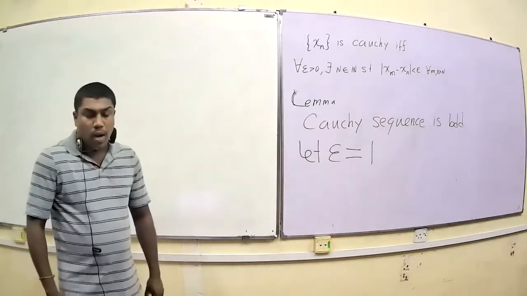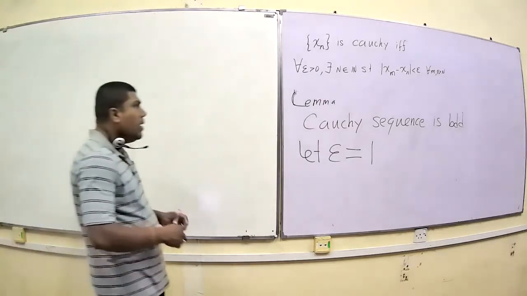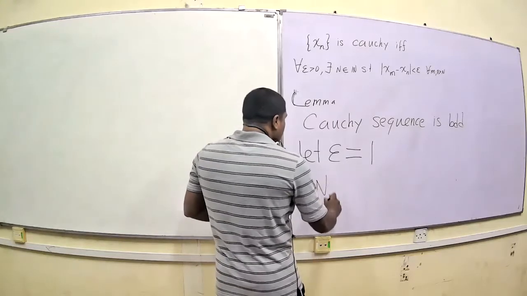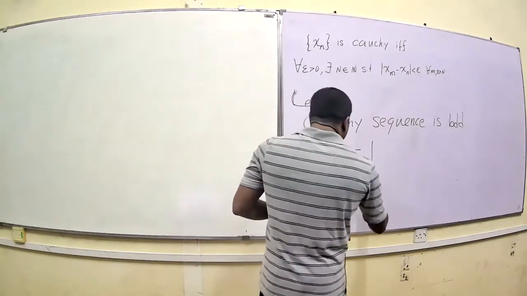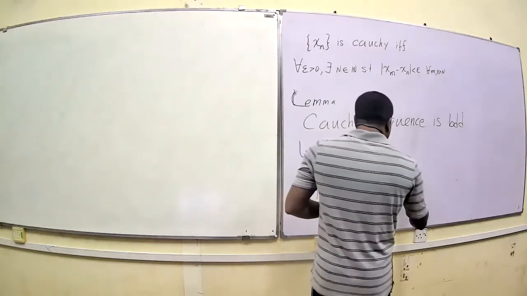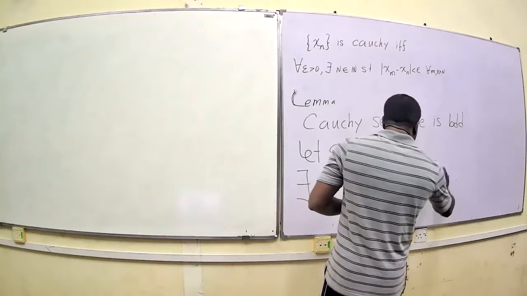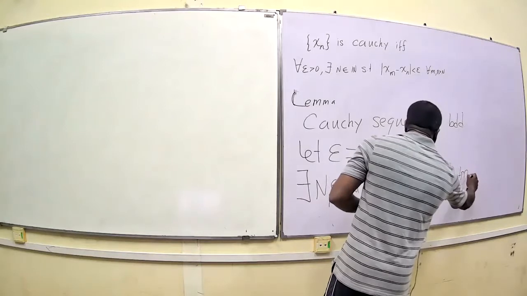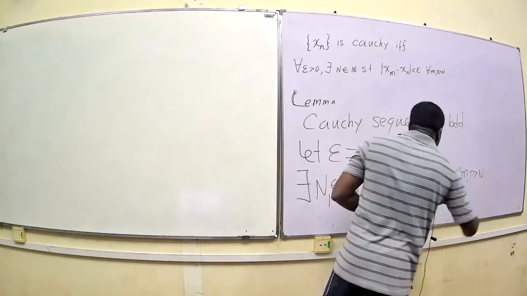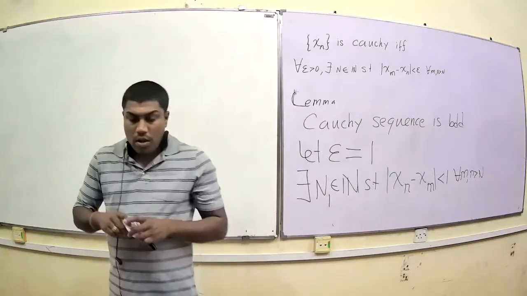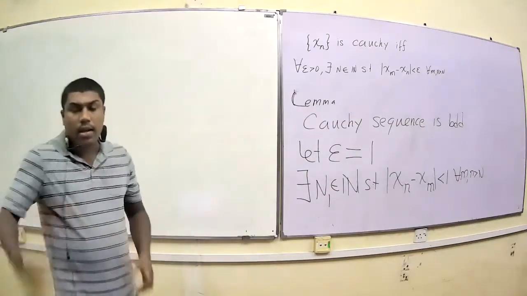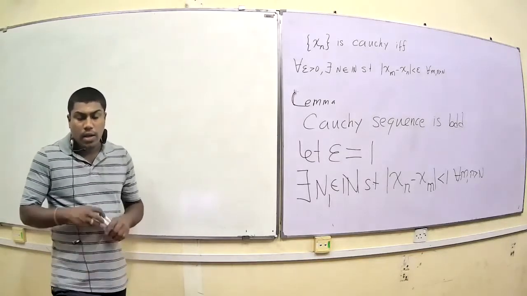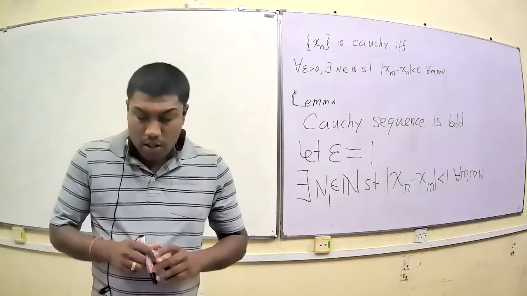If epsilon is 1, then you can rewrite this definition: there exists some n1 belonging to natural numbers such that the absolute value of xn minus xm is less than 1 for all m, n greater than n1. That is how we define a Cauchy sequence, with epsilon here being 1.